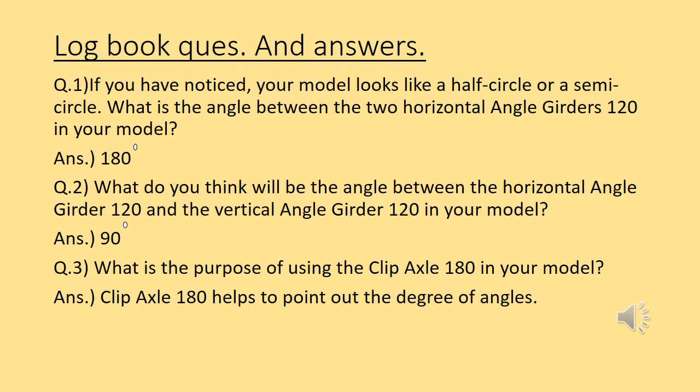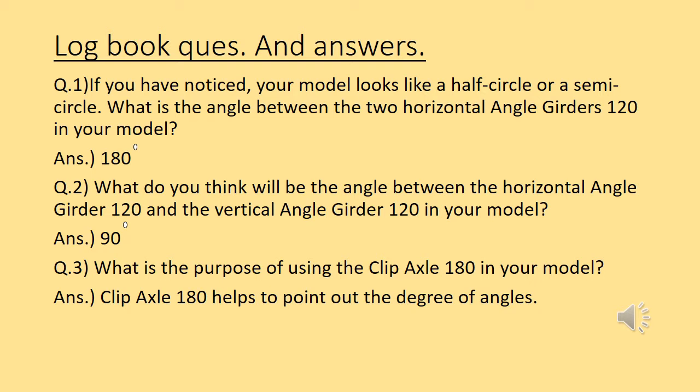Logbook question and answers. Question 1 is, if you have noticed your model looks like a half circle or a semicircle, what is the angle between the two horizontal angle girders 120 in your model? Answer is 180 degree.